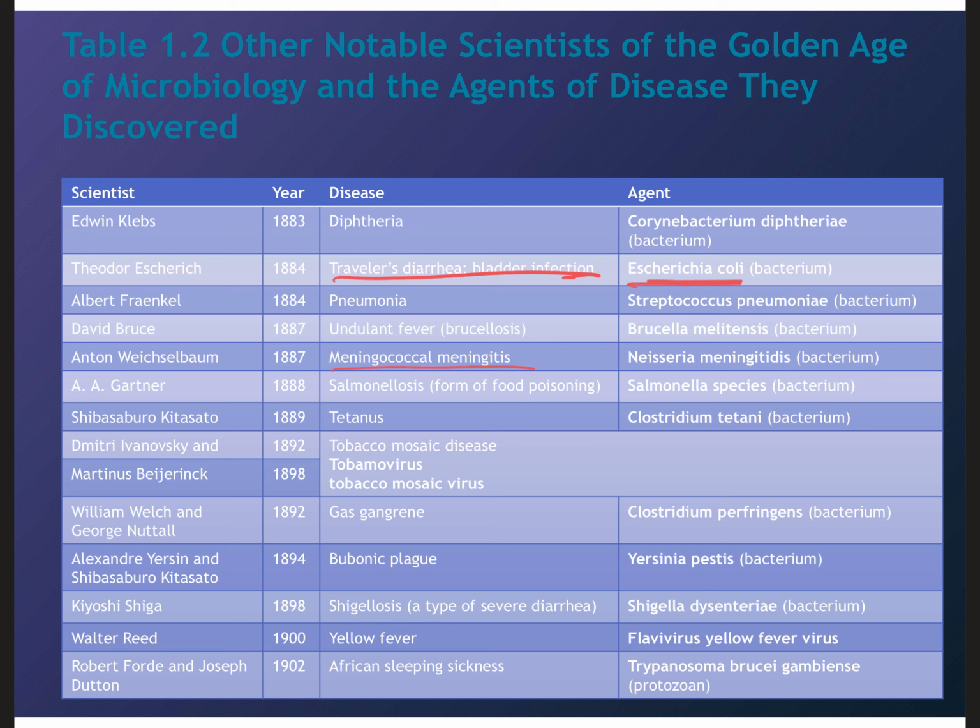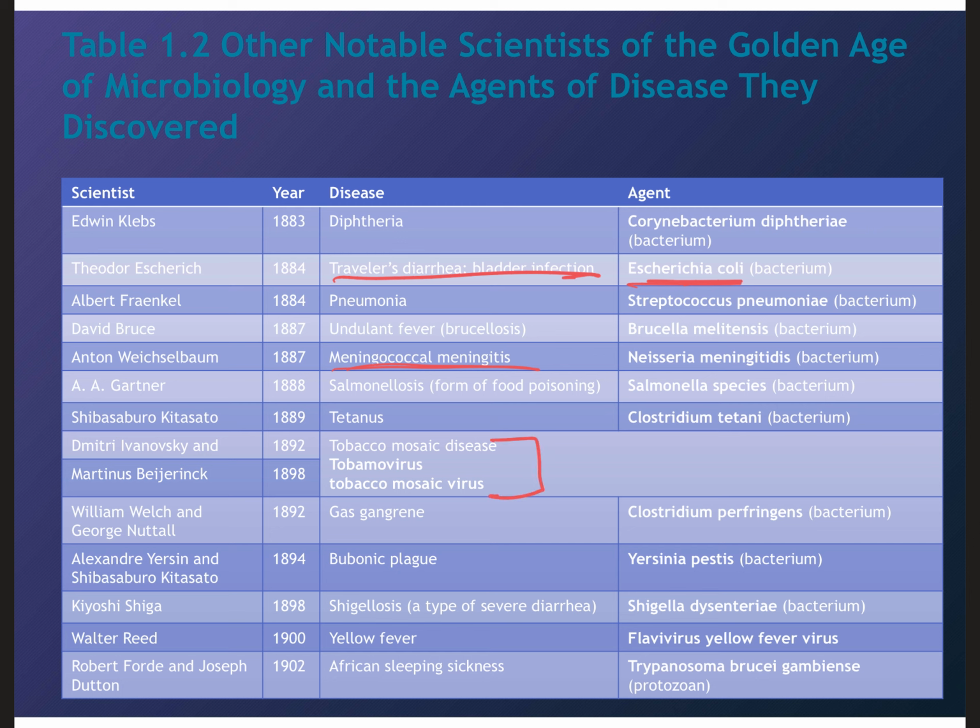Meningococcal meningitis. I know when I was on my way to college, I was told, you need to go get that vaccine. Yep, because you'll know about 3 hours before you're in the hospital dying from it. Yeah. Salmonella, tetanus, right?